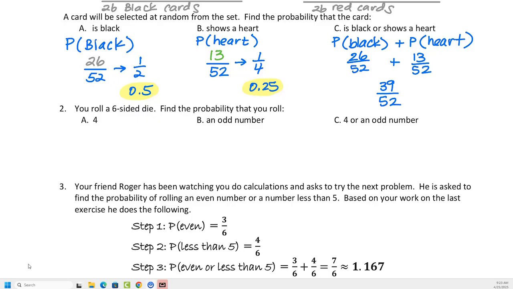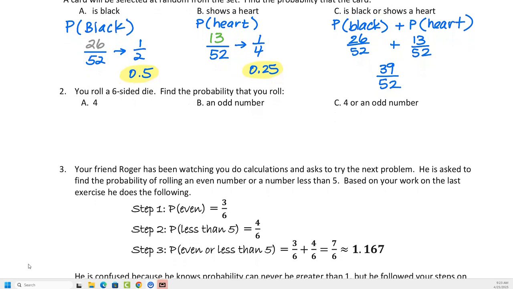Notice here the second one says you roll a 6-sided die. Find the probability that you roll a 4. Well, if there's a 6-sided die, and we want to find the probability of rolling a 4, how many 4s are on the die? 1, right? And how many total sides are there? 6. So I'm going to leave my answer as a fraction.